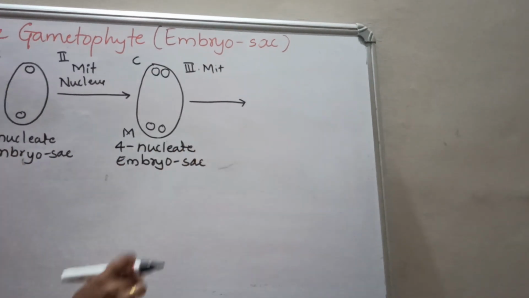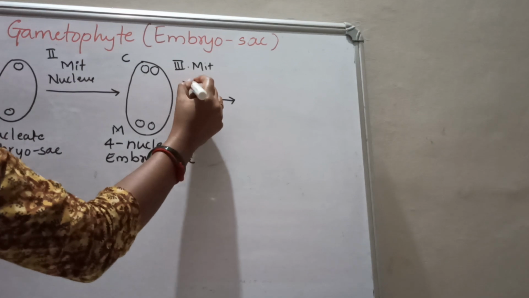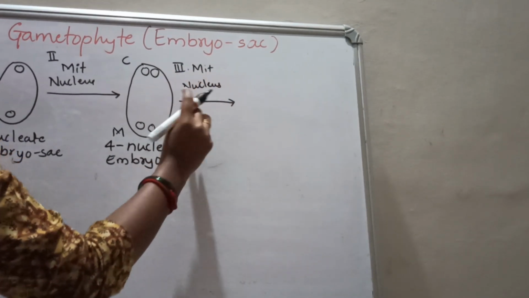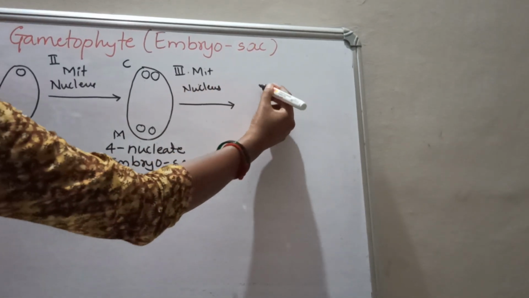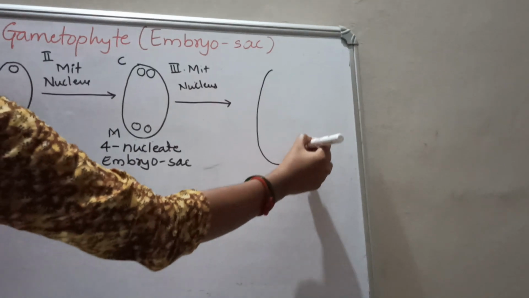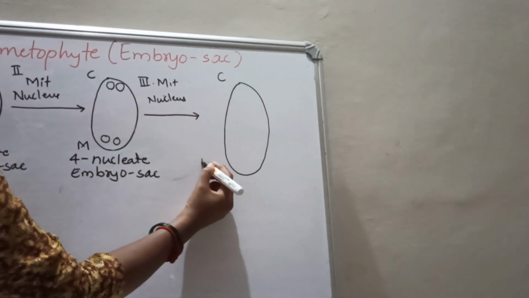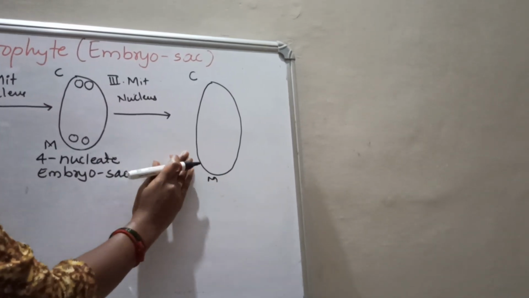Next, the third mitotic division takes place. In this also the nucleus divides and the cytoplasm does not divide. This is the chalazal region and this is the micropylar region.